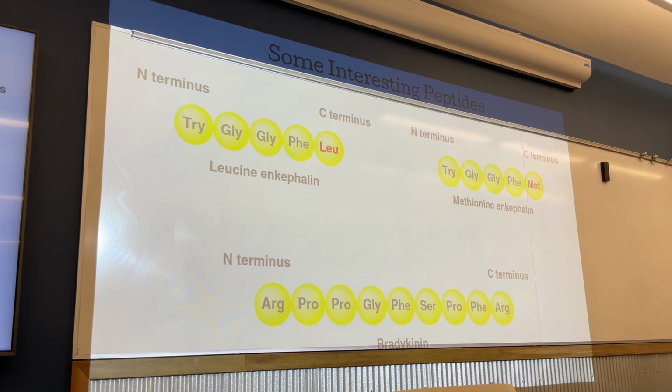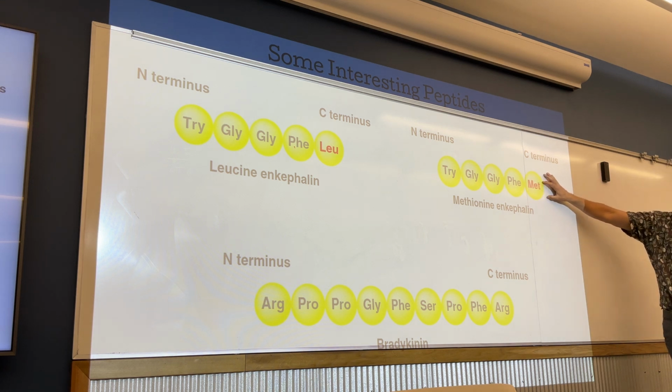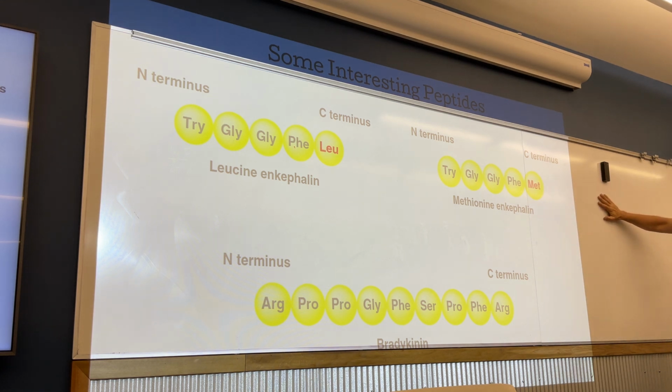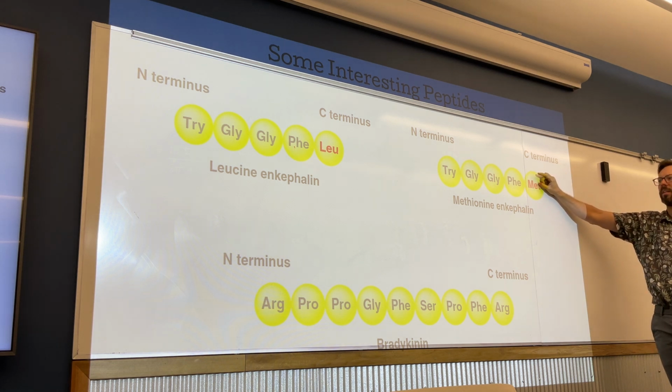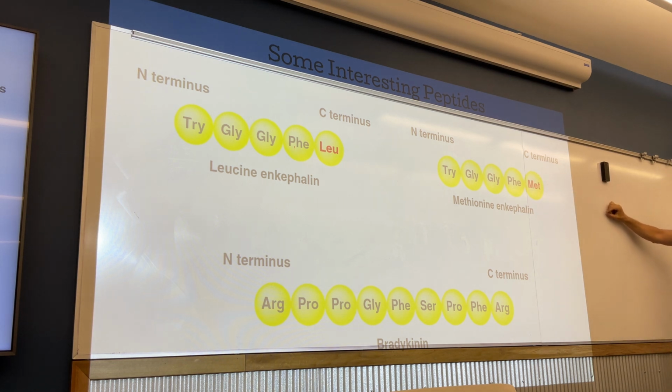So here are some interesting peptides that are in some cases different only in the C-terminal amino acid residue. In enkephalin, we have leucine enkephalin and methionine enkephalin, and it would be a pentapeptide, right?